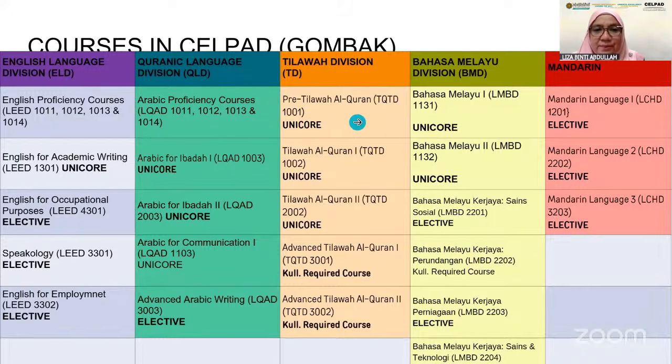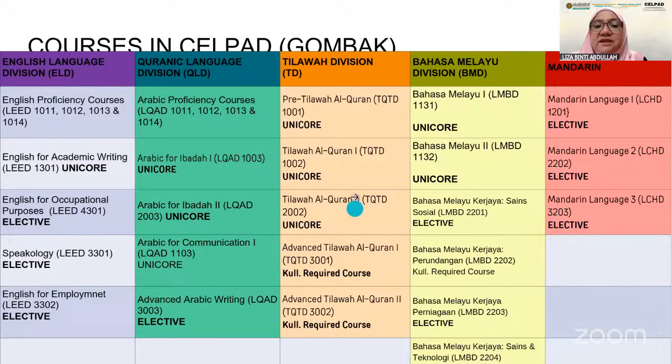Either you are pre-tilawah, which is the lowest level, or higher, tilawah 1 or tilawah 2. We call it 1002 or tilawah 2, which is 2002. So you sit for the test and you know which level you are in. This one is for everybody.